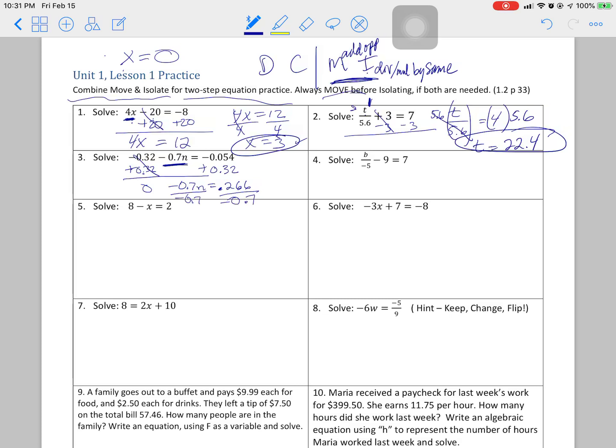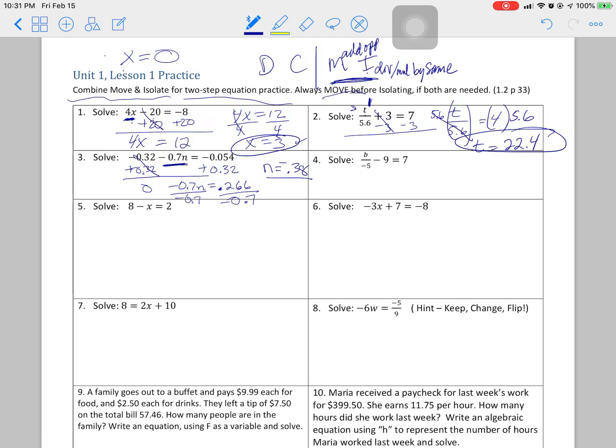So let me check that in my calculator. 0.266 divided by 0.7 is 0.38, and it's going to be negative. So n equals negative 0.38. So that's a little tricky. You can check that still though, right? Put that back in. If that was a substitution problem, it would be what?